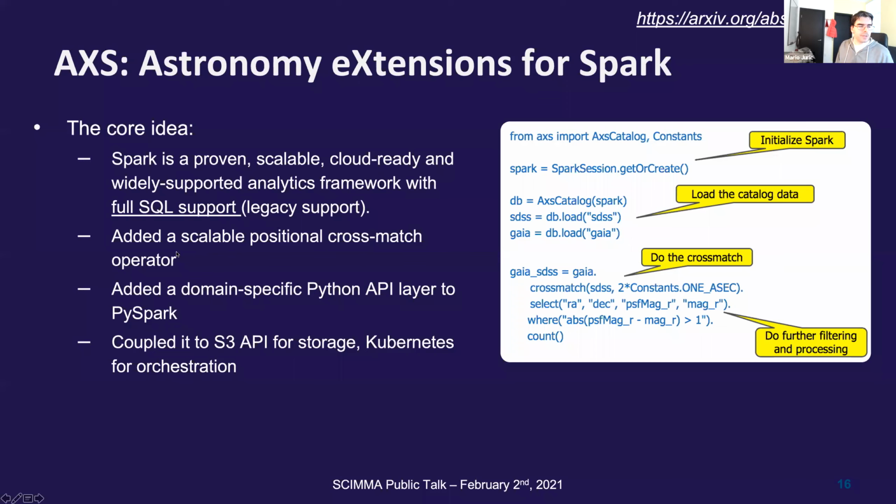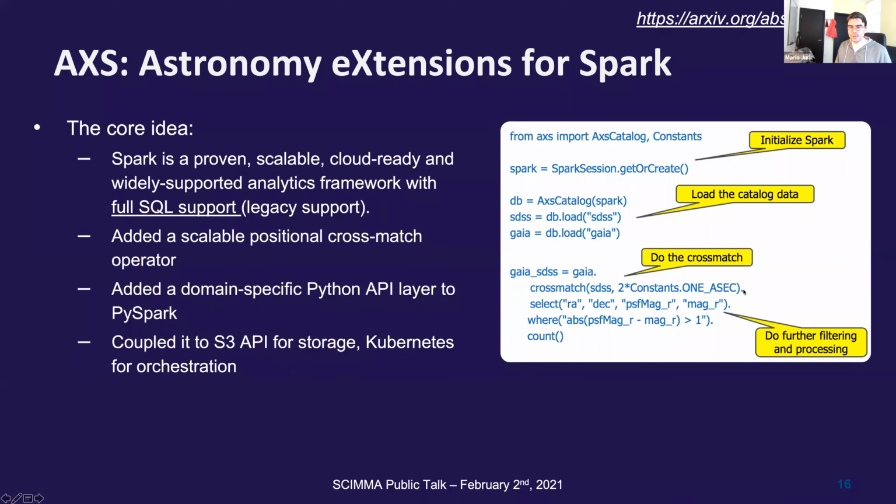One thing we had to add is something our science really demands: cross-matching objects in different catalogs. This is not available directly in industry-standard tools out of the box. So what we added was a scalable positional cross-match operator. You can do things like this: take the Gaia catalog, take the SDSS catalog, and run a cross-match, basically joining all objects that are within 2 arc seconds of each other.